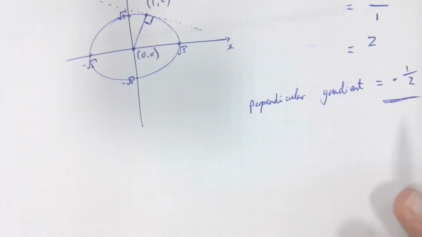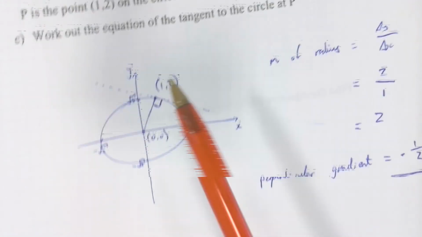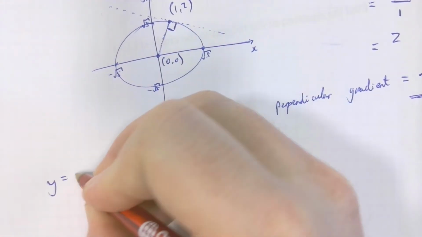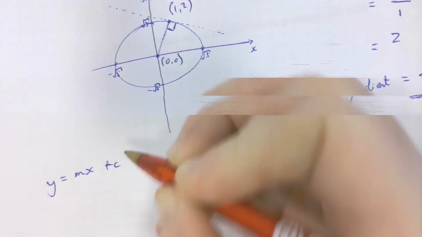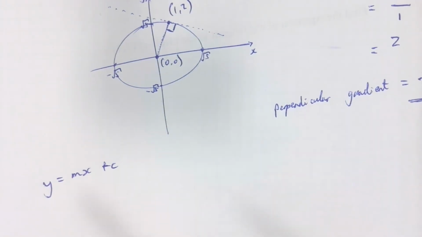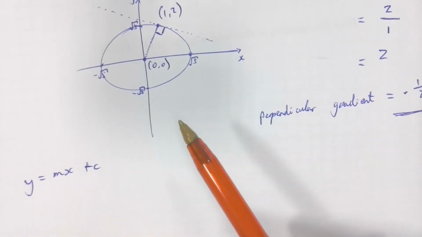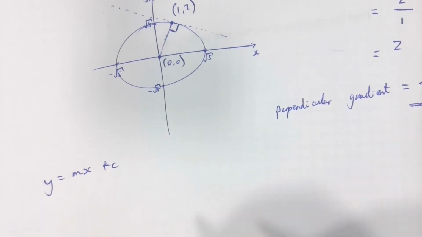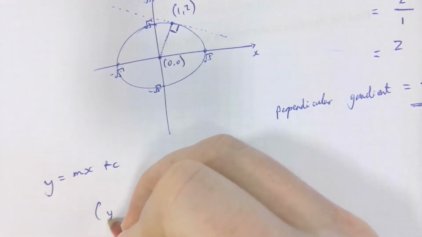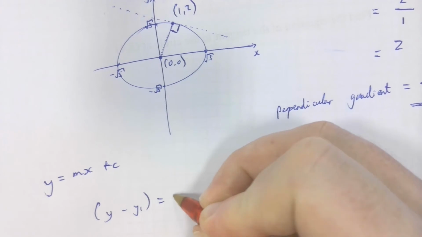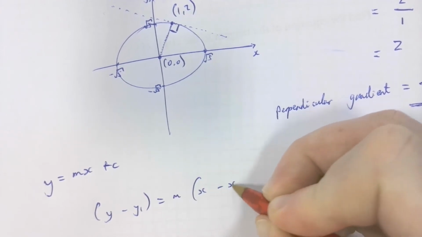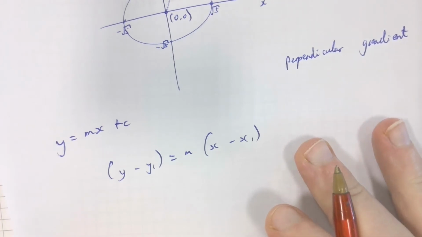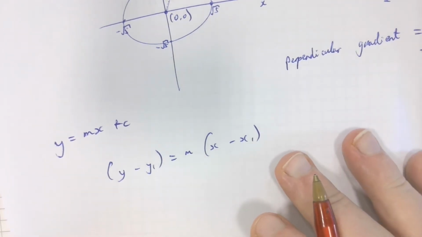Now, if you were following what I was talking about with our new straight line equation form, we could definitely use y equals mx plus c here. But we could also use the new A-level form, which is y minus y1 equals m times x minus x1, where y1 and x1 are the values of the coordinate that we have on the line.